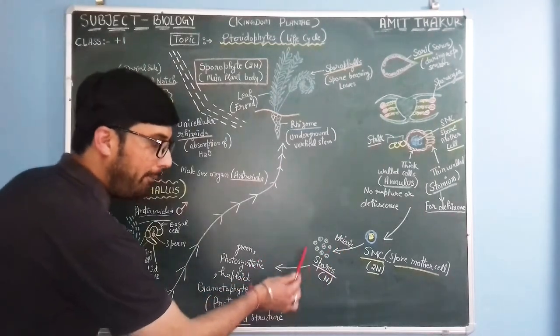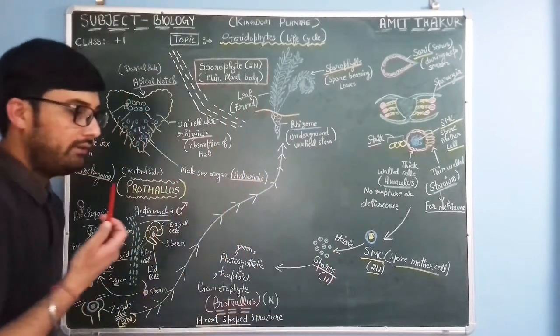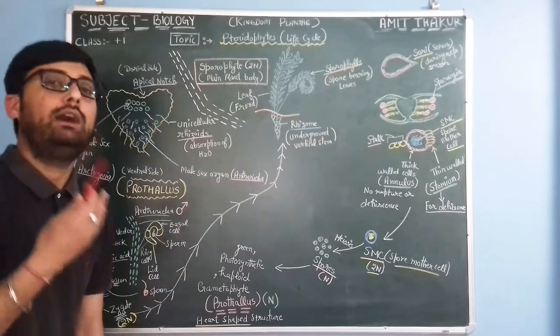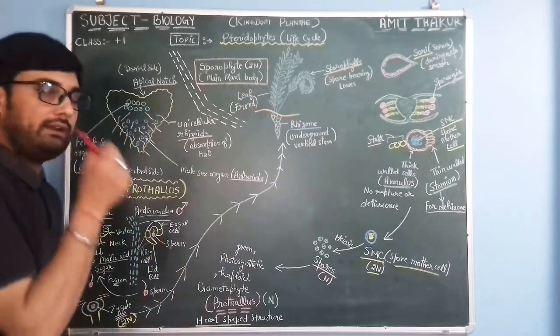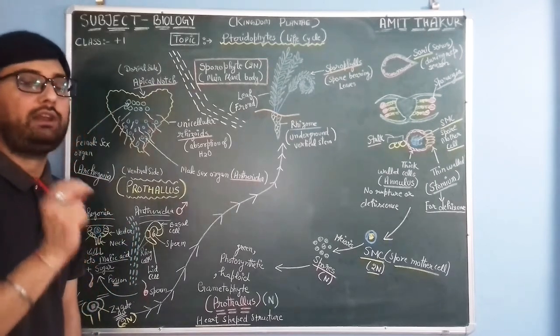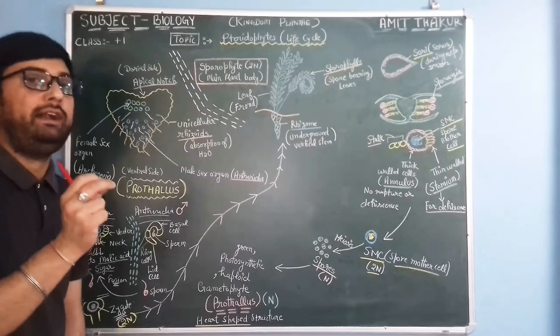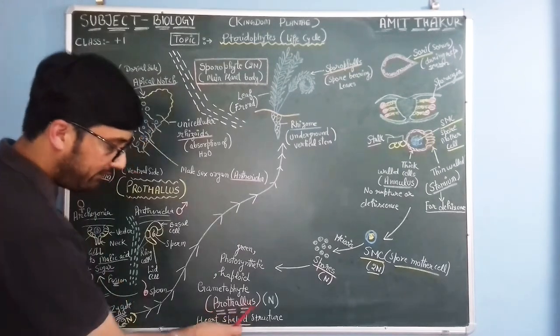And from these haploid spores, when the spores start germinating, after germination they become a green, photosynthetic, haploid structure, or gametophytic structure, which is known as prothallus.